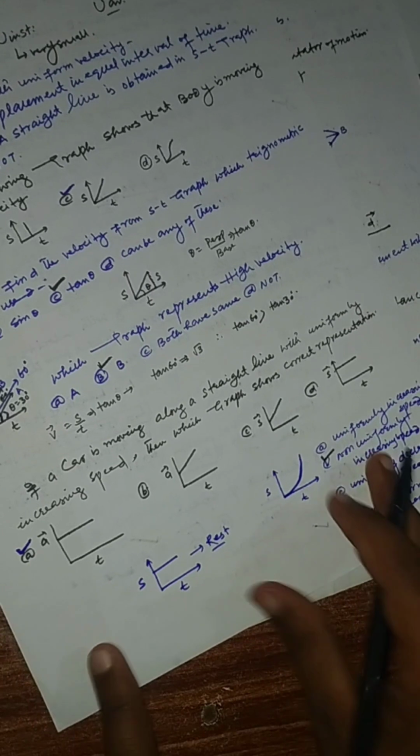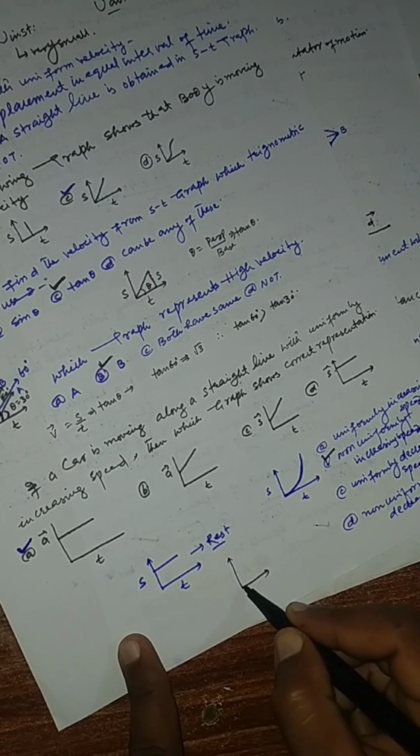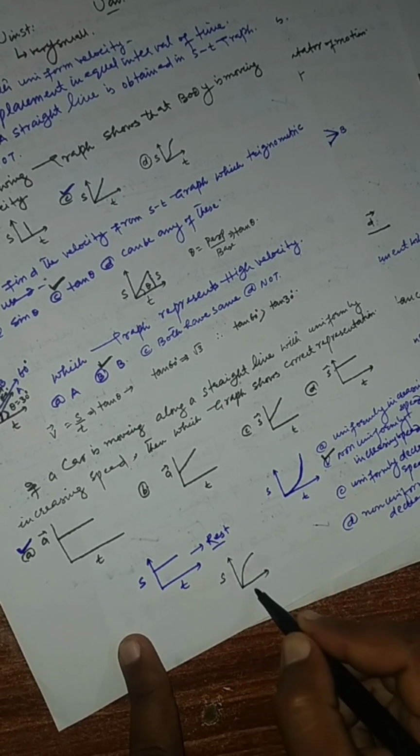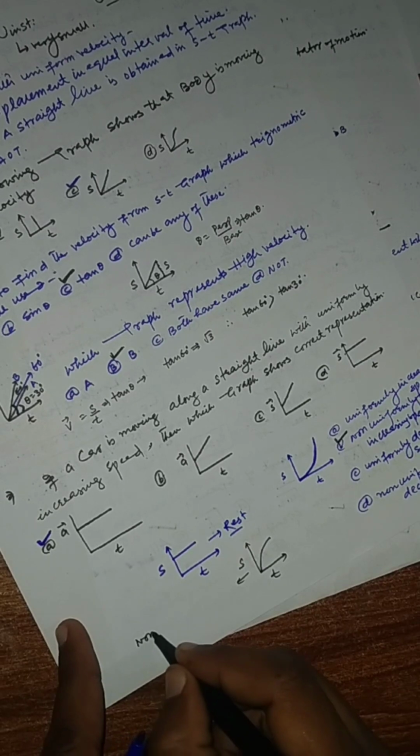If we take a graph like this, this will be non-uniformly decreasing speed.